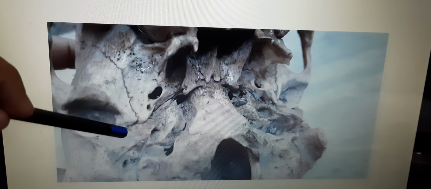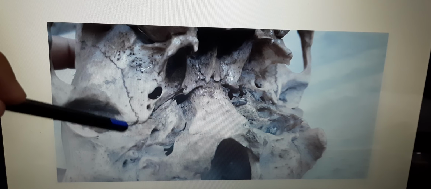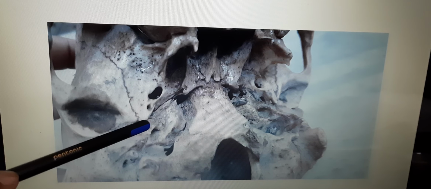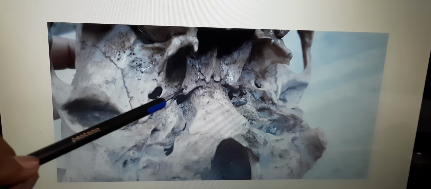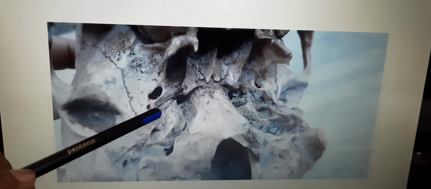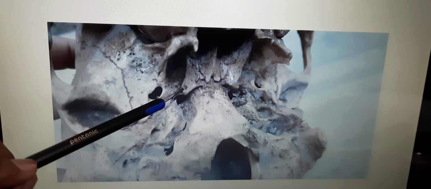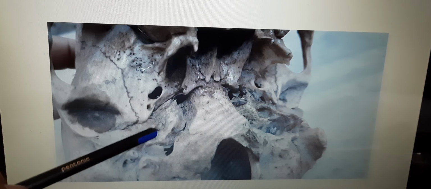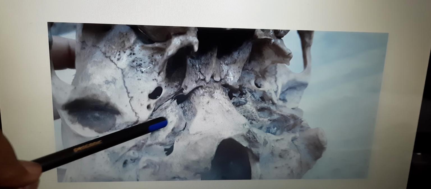So this is all about the squamotympanic fissure. Now as you go medially you are seeing that there is a groove present between the posteromedial margin of the greater wing of sphenoid bone and the petrous part of temporal bone. This is the petrous part of temporal bone.